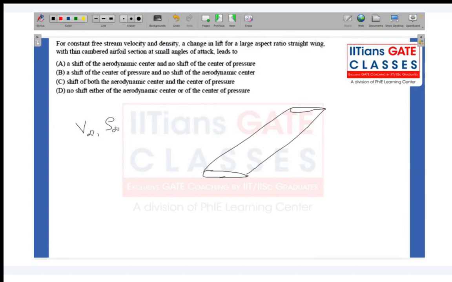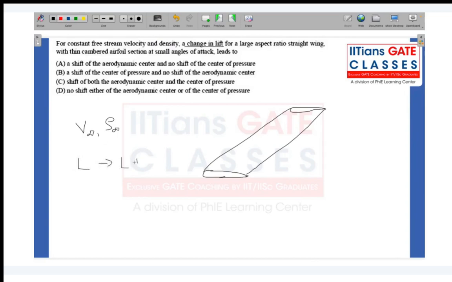And what they're telling us is that there's a change in lift for this particular wing, and it is happening at a small angle of attack. So it's at very small angles of attack, not extremely small, but some small angle of attack. There's a change in lift that is happening. So lift basically became from L to L plus delta L, right?